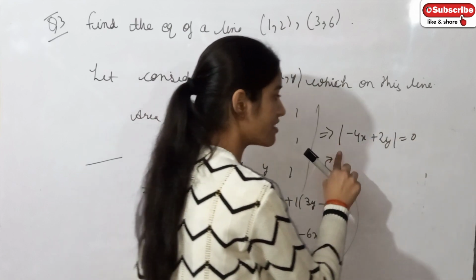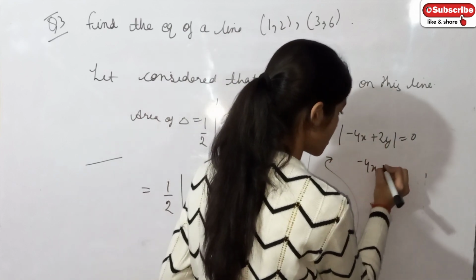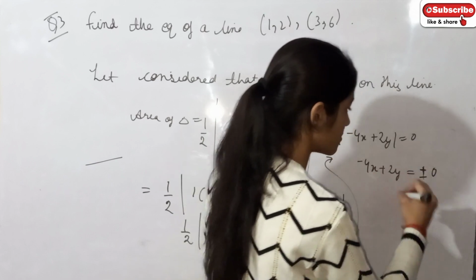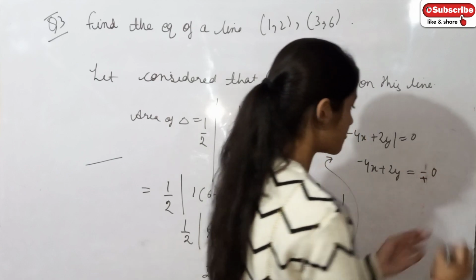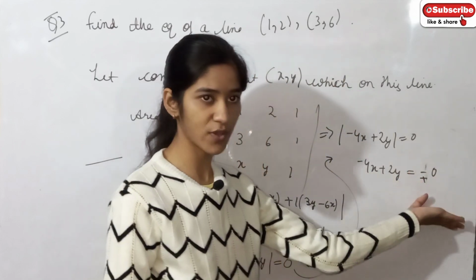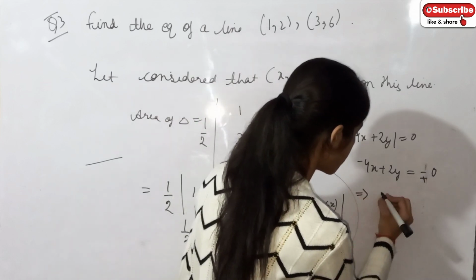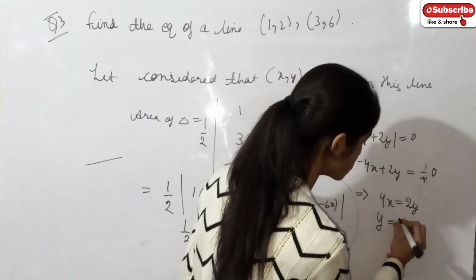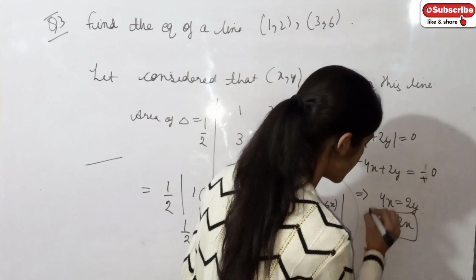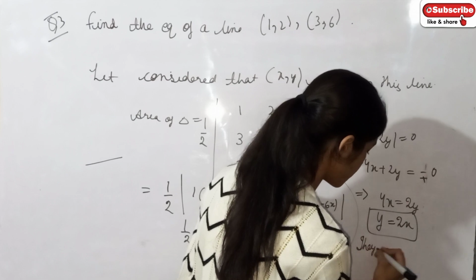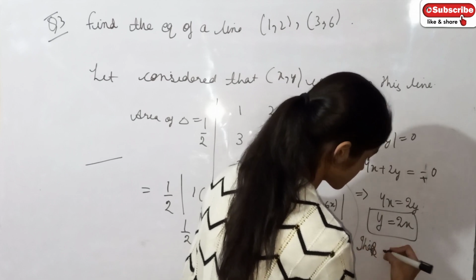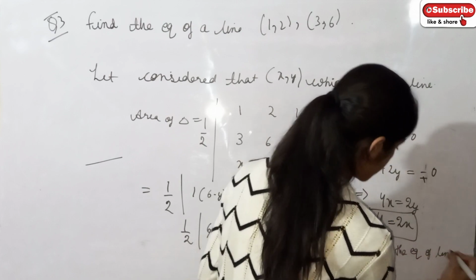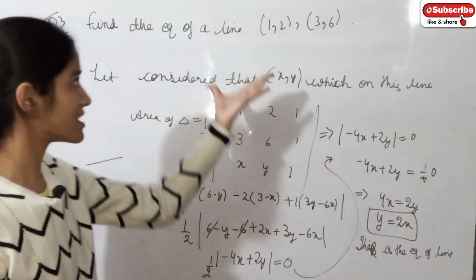If we are removing this mod sign, we have to place plus minus on the opposite side, but there is no use of plus minus because 0 is there. So we get 4x equal to 2y, meaning y is equal to 2x. This is our equation of the line formed by these vertices, y equal to 2x.